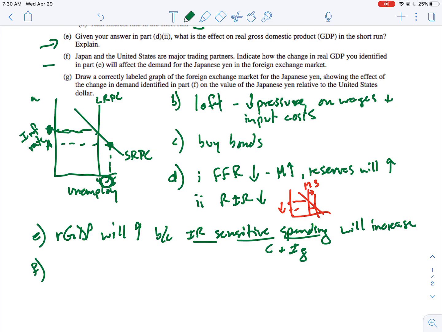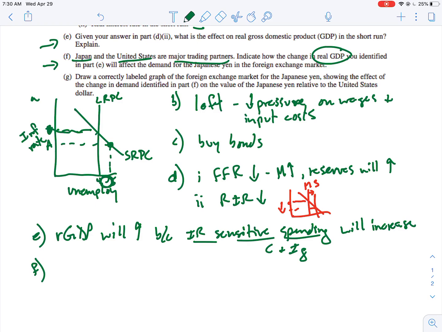Okay, now we get into a little currency stuff. Obviously, you guys didn't learn this in quite as much detail this year. But we know that Japan and the U.S. are major trading partners. That increase in real GDP, what's it going to do? Americans are going to be buying more stuff all over the place, more stuff made in the United States and more stuff made in Japan.